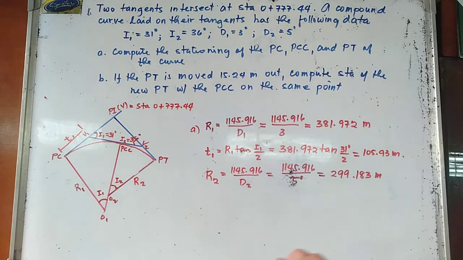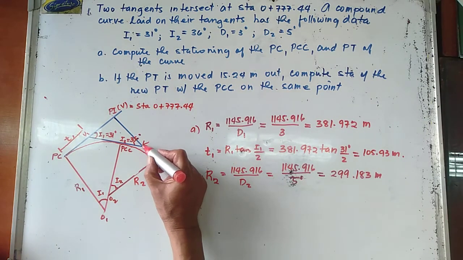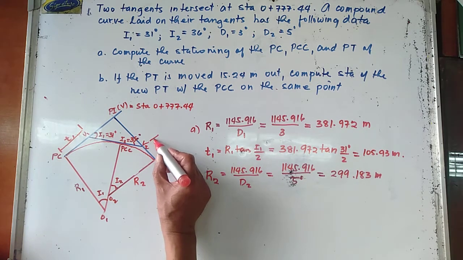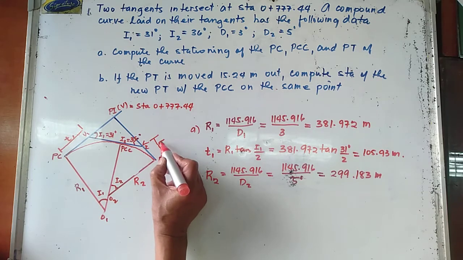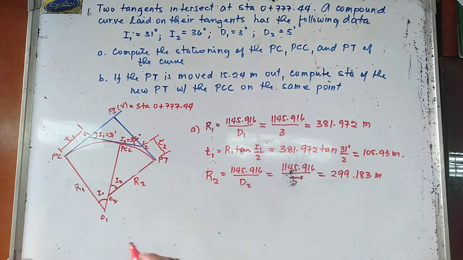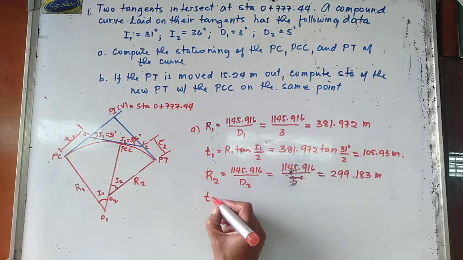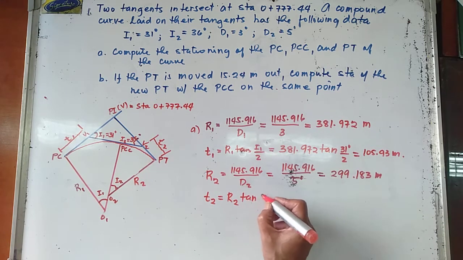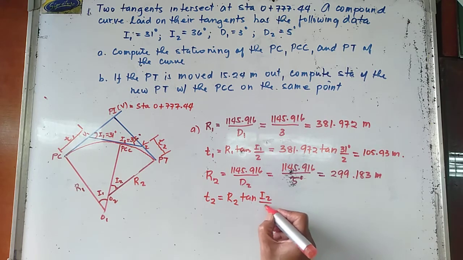Now, the tangent distance of the second simple curve is from V2 to the PT. So T2 is equal to R2 tangent I2 all over 2.